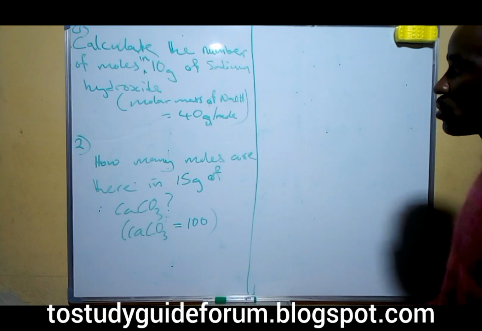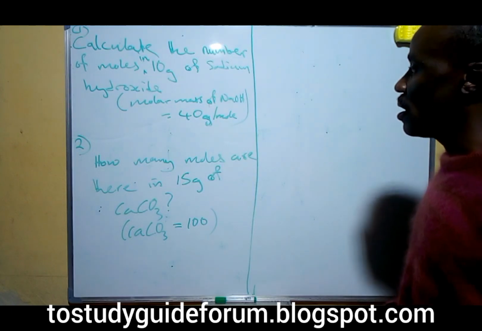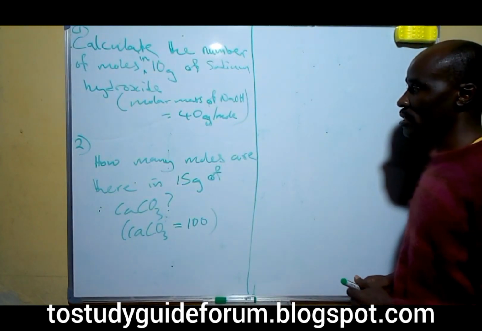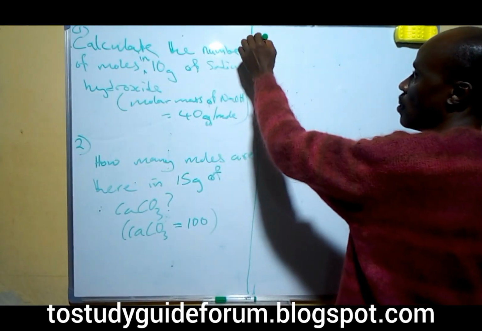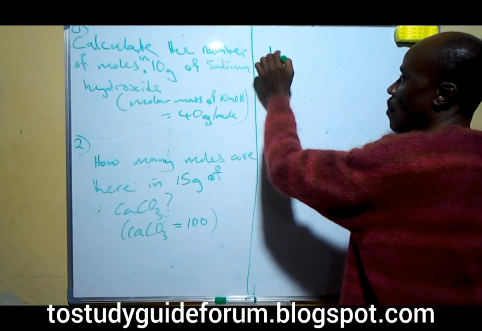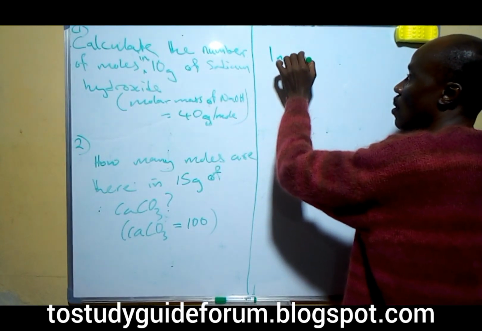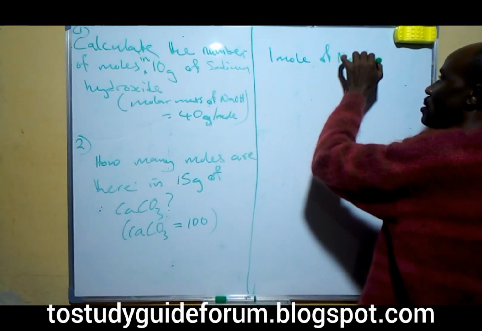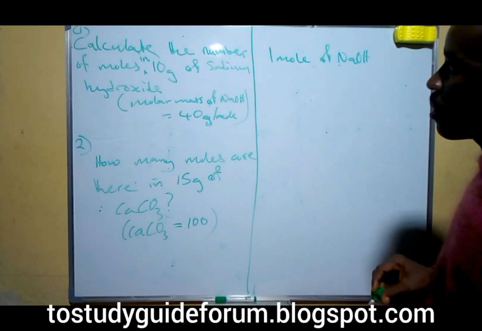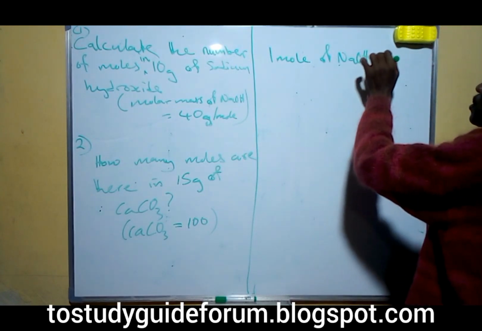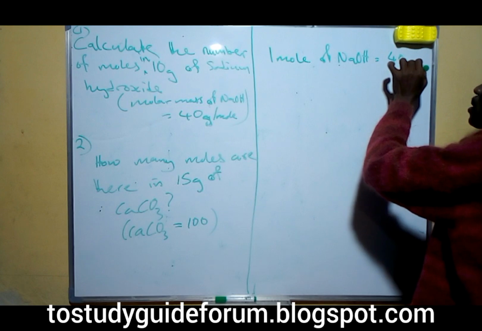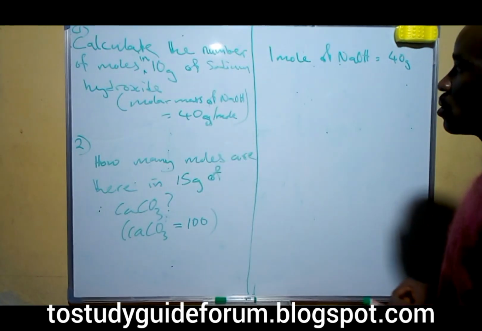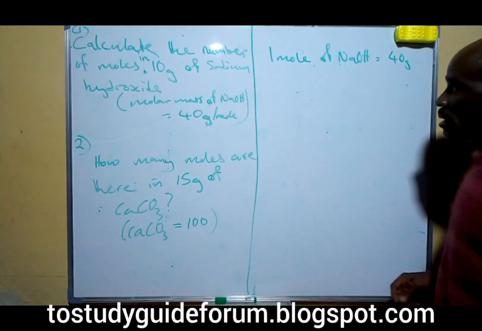So now to solve this, from here we are made to understand that 1 mole of sodium hydroxide contains what? 40 grams. That is what it means, 40 grams per mole. So now we are looking for what 10 grams will contain.